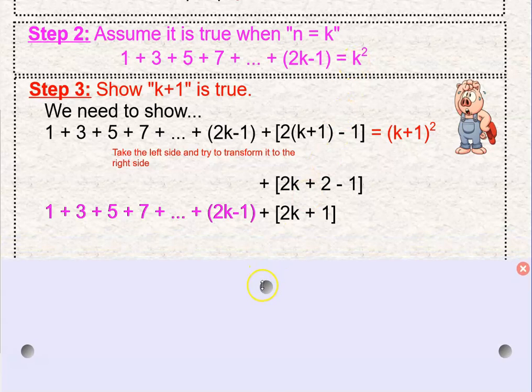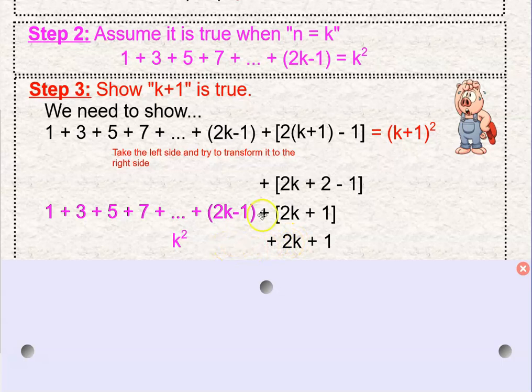So I can basically just replace this entire expression here with, wait a minute. There we go. Sorry. I could replace this entire expression here with k squared. This whole thing can be replaced with k squared. Now don't forget we still have this black 2k plus 1 right there.